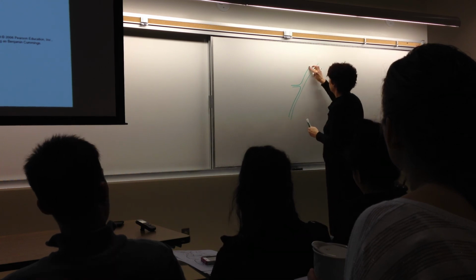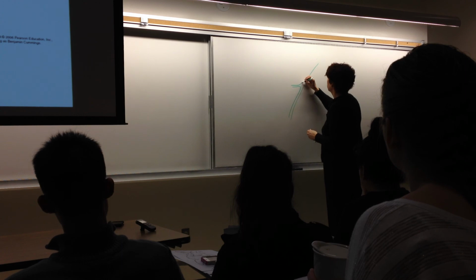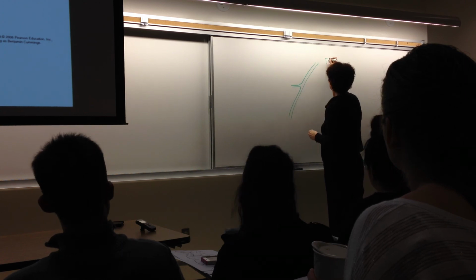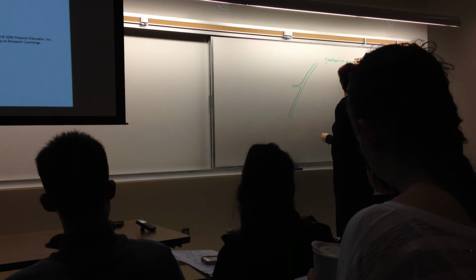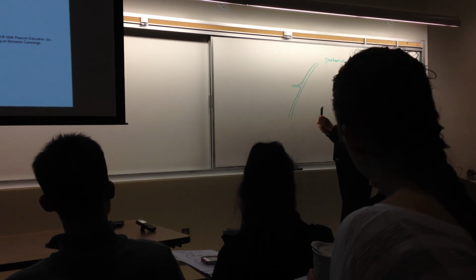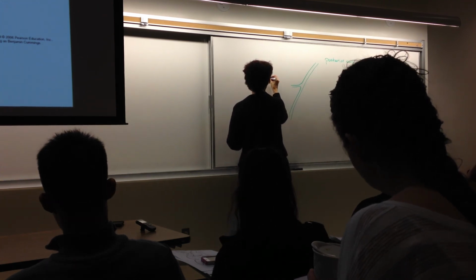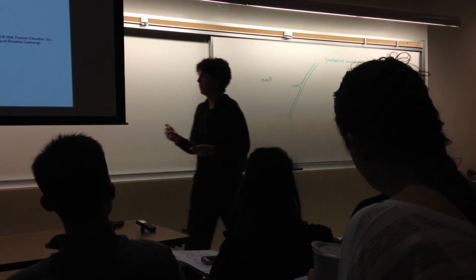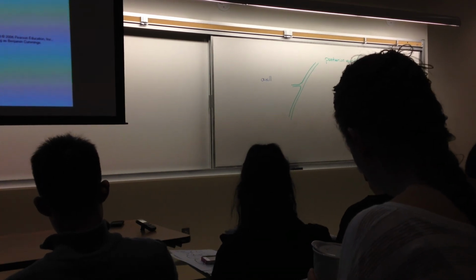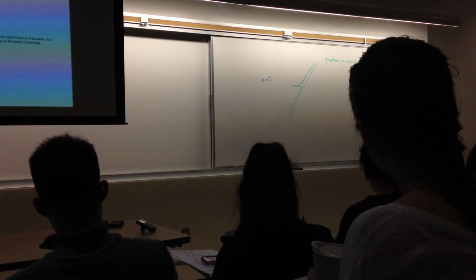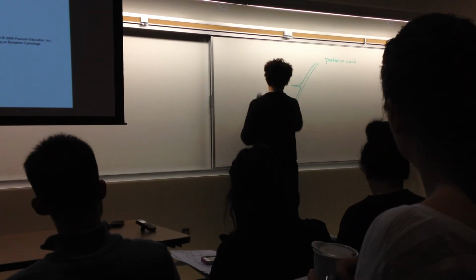I'll draw the posterior cord first just because it's easier to draw it in the back rather than to fill it in. So the nerves of the posterior cord that you need to know are the axillary nerve. And the axillary nerve, what we went over in the muscle lecture, is going to innervate deltoid and teres minor.